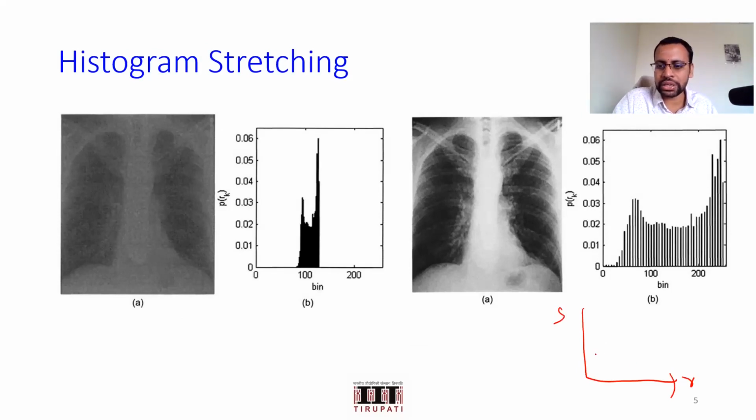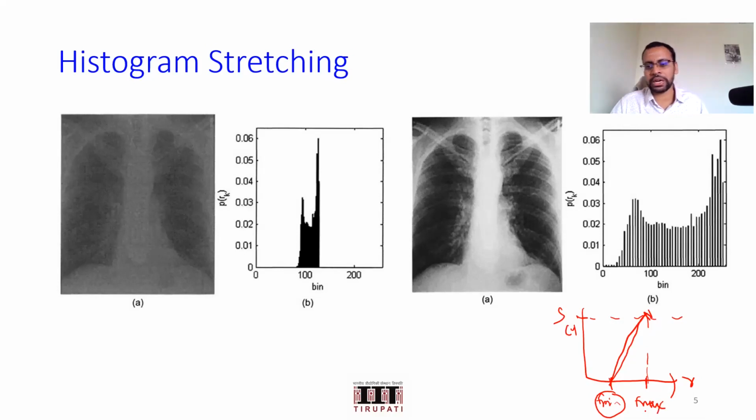All that it is doing is, for example, you initially might be having just this limit. Now what it will do, for example F min, F max, and then let's say L minus 1, all it is doing now is this line it is giving you. The F min is getting mapped to 0, F max is going to L minus 1. That's all if you want to draw like this.